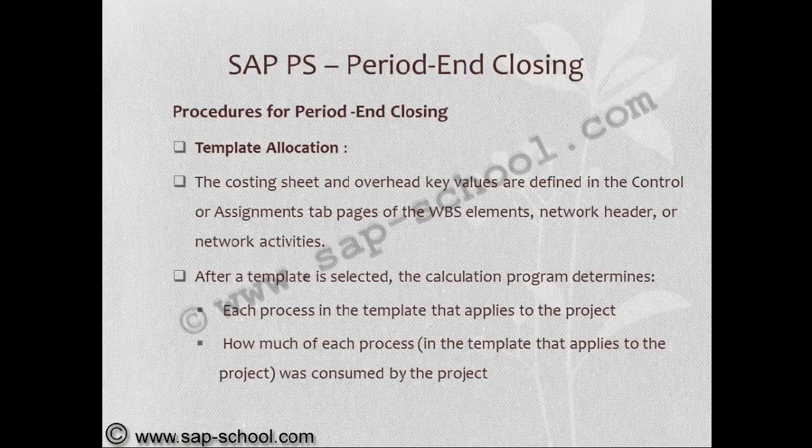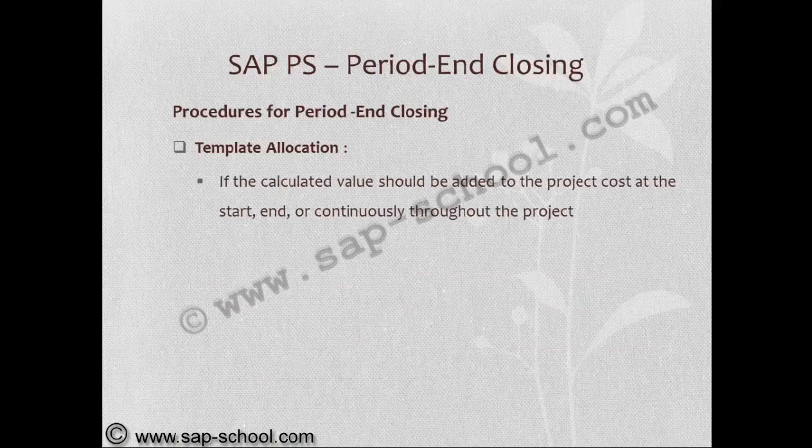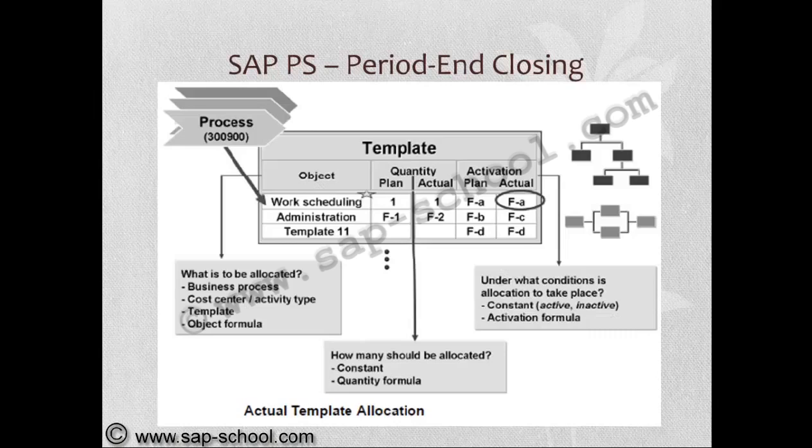After a template is selected, the calculation program determines each process in the template that applies to the project, how much of each process was consumed by the project, and if the calculated value should be added to the project cost at the start and or continuously throughout the project. Now this is the actual template allocation.